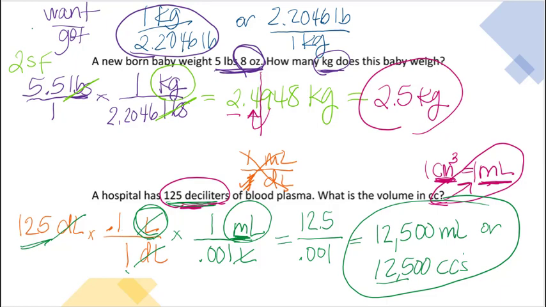But I don't recommend doing that because it's very easy to move the decimal in the wrong way. So if you were to make a mistake and just move it back 2 instead of forward 2, you'd get 1.25, which is a very different number than 12,500. I think unit conversions is a more accurate, consistent way, and we'll be using these unit conversions throughout the rest of this class.